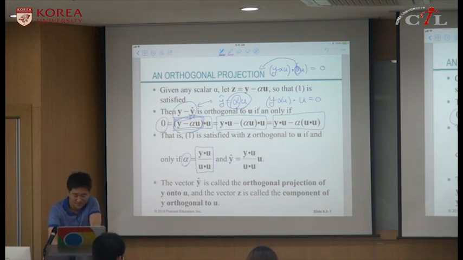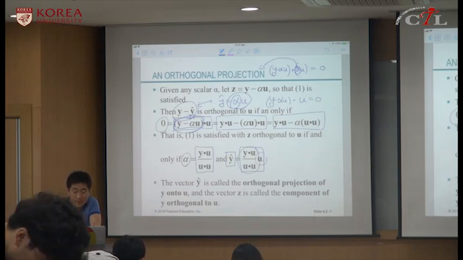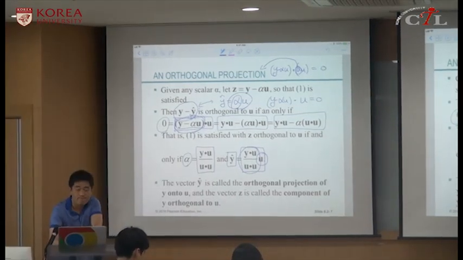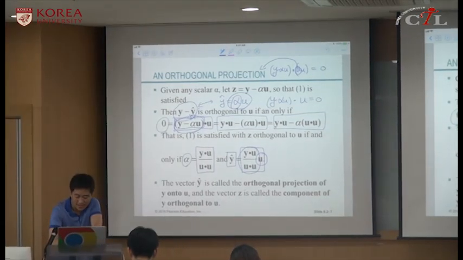Okay? And then our y hat is obtained by this, so it is a scalar multiple times the basis vector u. From y, if we obtain the y hat in this manner, this y hat is called the orthogonal projection of y onto u.